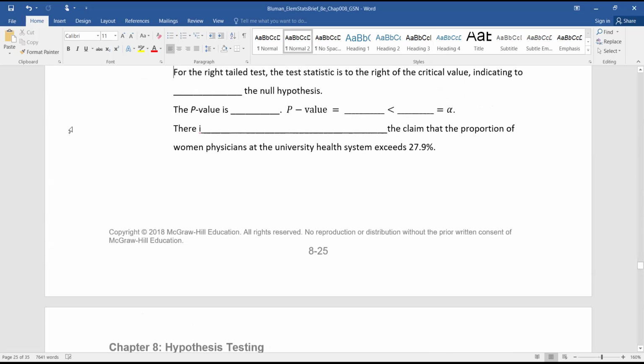So for the right-tailed test, the statistic is to the right of the critical value, indicating to reject the null hypothesis. Our critical value is 1.65. We actually calculated 2.34, so it is greater than it. Therefore, there is significant evidence to reject the null hypothesis.